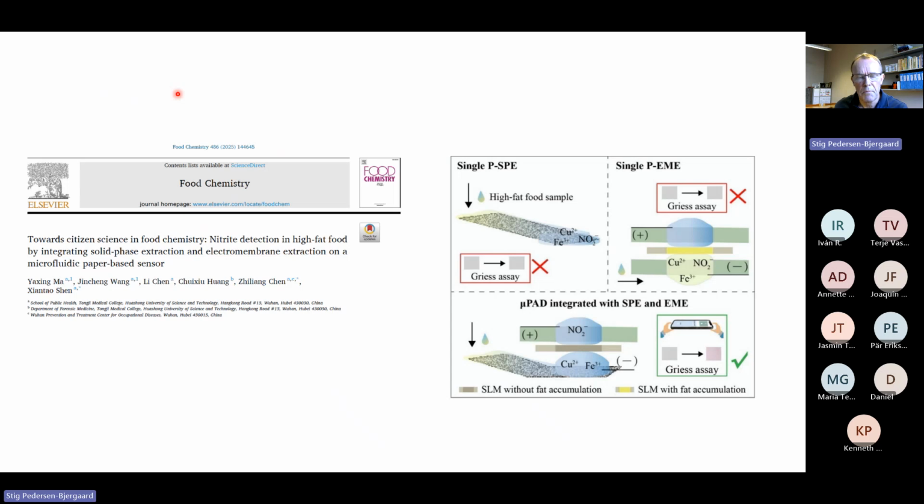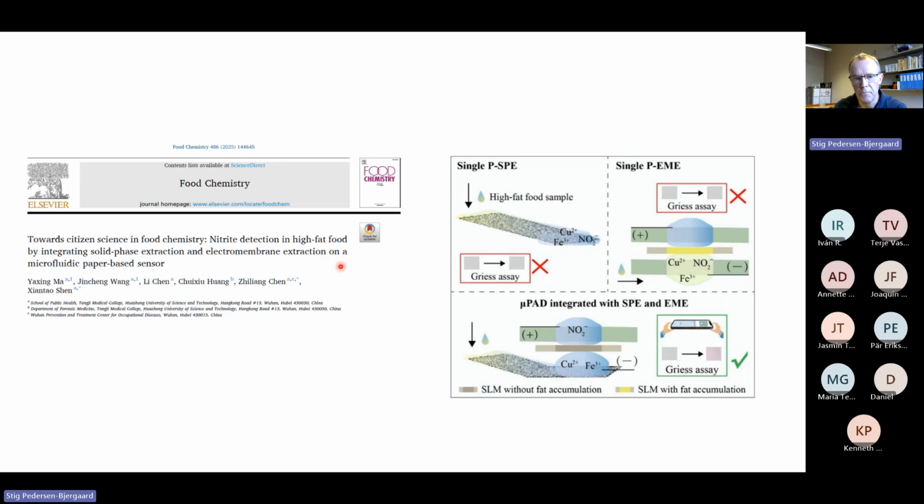We are at the end, but I will just mention that we also see in literature now many efforts to integrate EME onto microfluidic or paper-based devices.